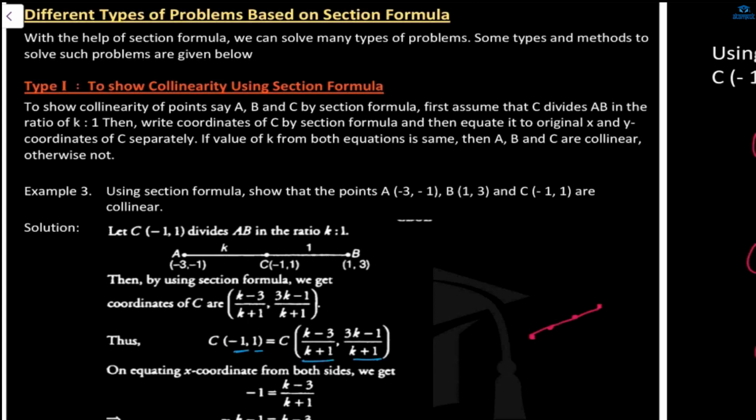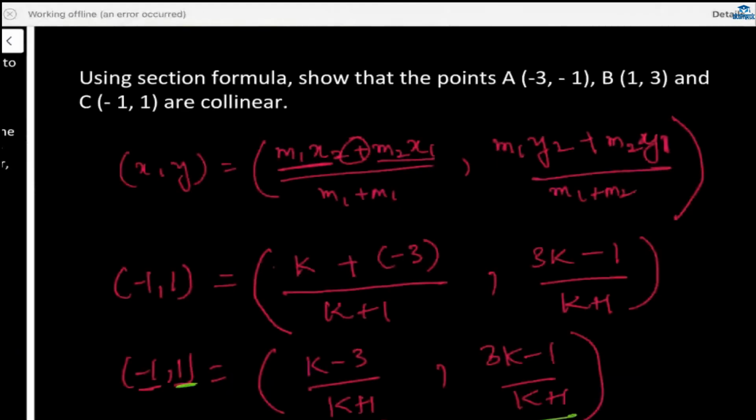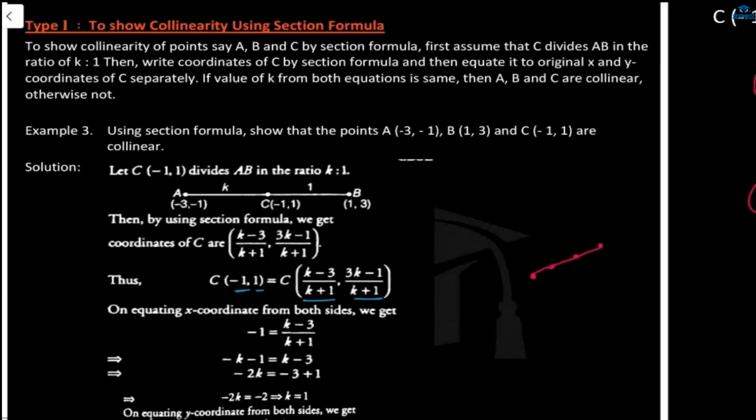Now you see here how you are going to check from section formula whether the points are collinear or not. Using section formula, show that the points A, B, and C are collinear. You have to show that all these 3 points are collinear. I have already explained this in the previous class, but I think Shajan was not there, so I'm explaining here.